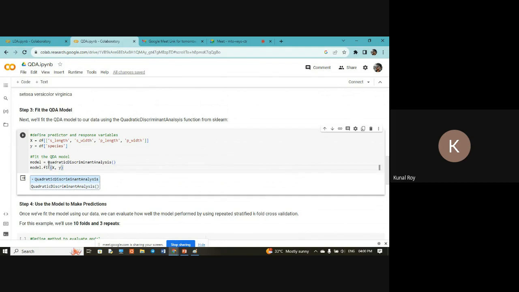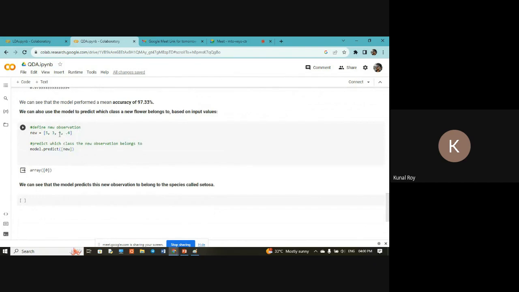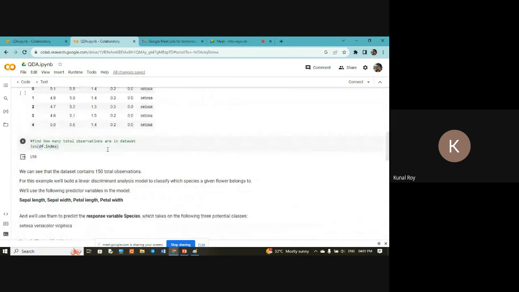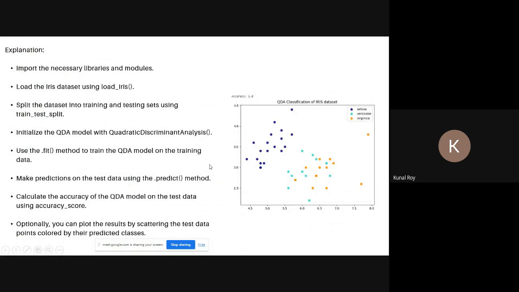Instead of using linear discriminant analysis, we will use a quadratic discriminant analysis. The remaining thing is the same. We will use a quadratic discriminant analysis to distribute further. The setosa is further distributed into two classes, or the versicolor is further distributed into two classes and all. So this is what a quadratic discriminant analysis is.